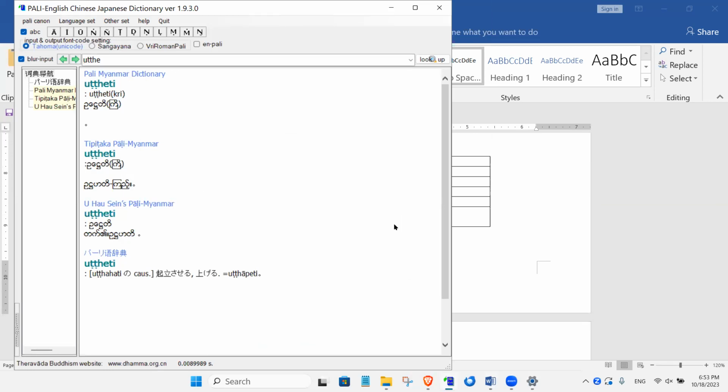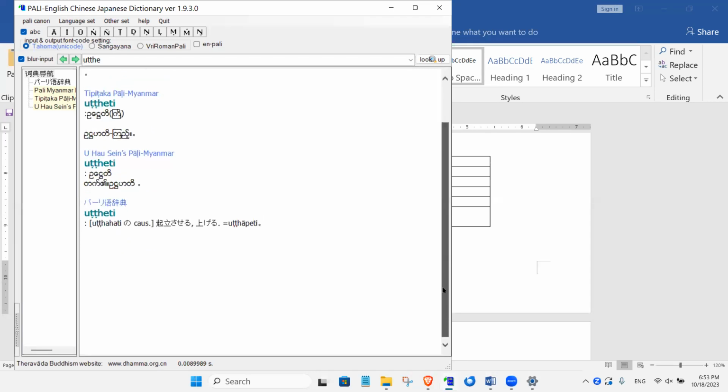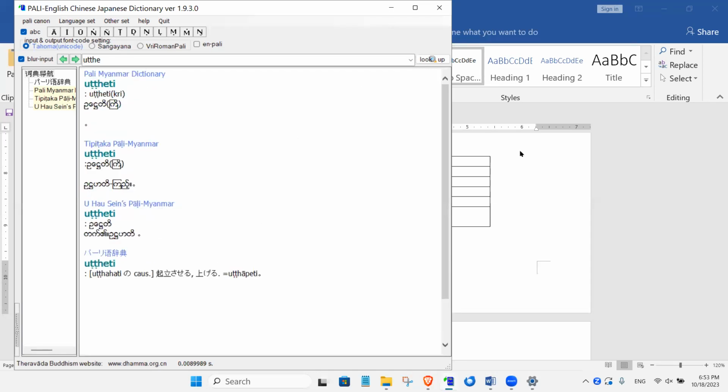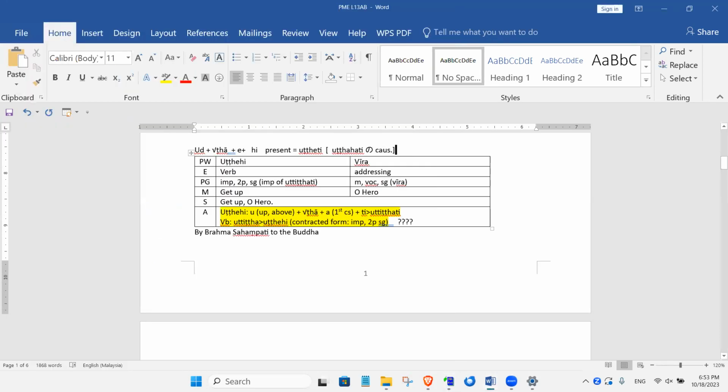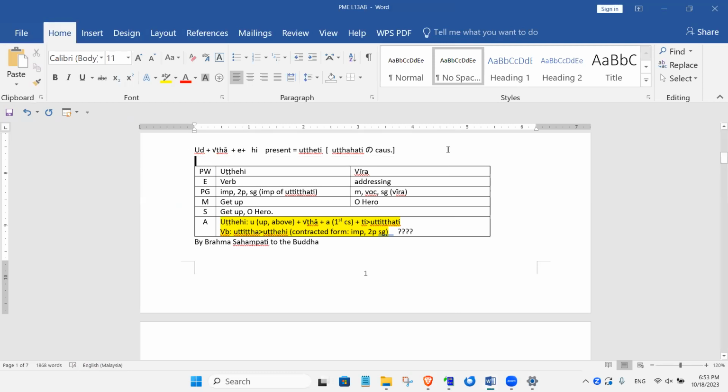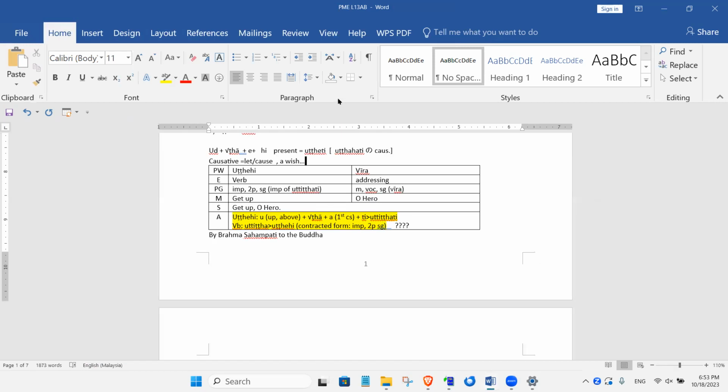It's not mentioned here, but we can think of it as causative in a sense, like sometimes we say let or cause, or sometimes causative also carries a meaning like a wish. You wish for somebody to do something. All right.